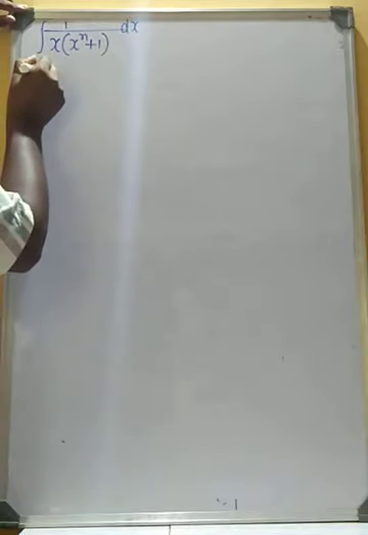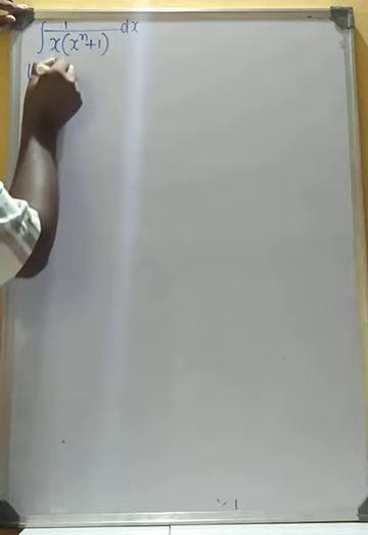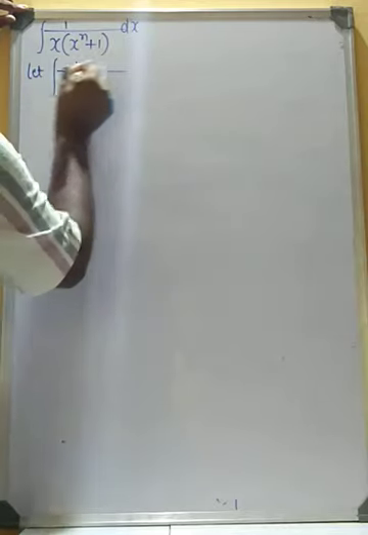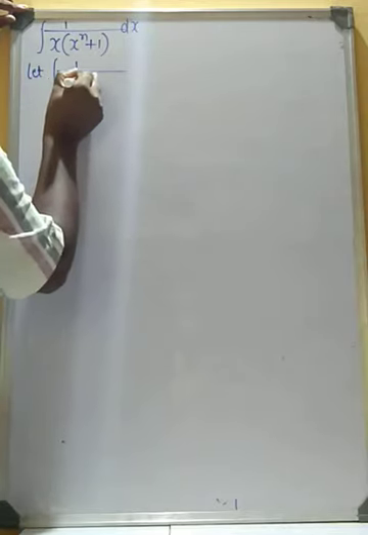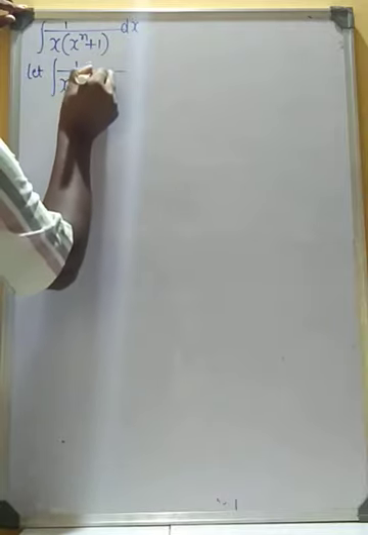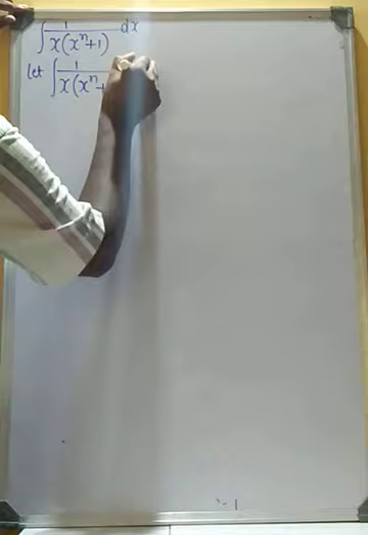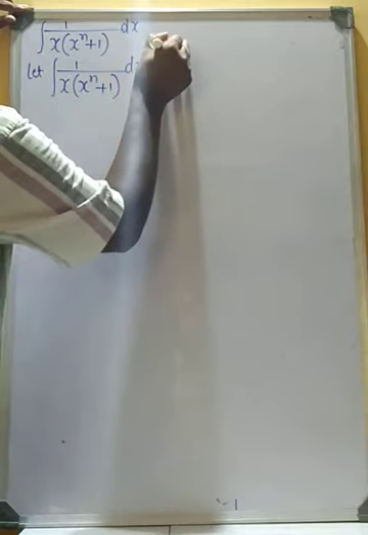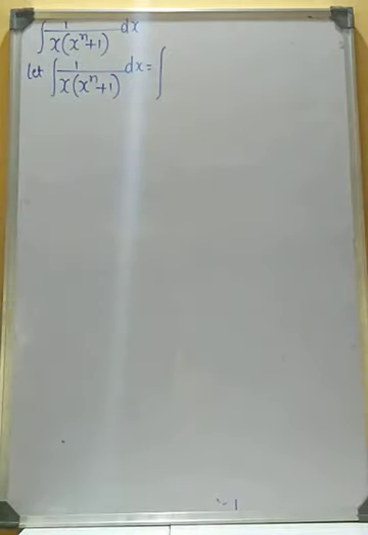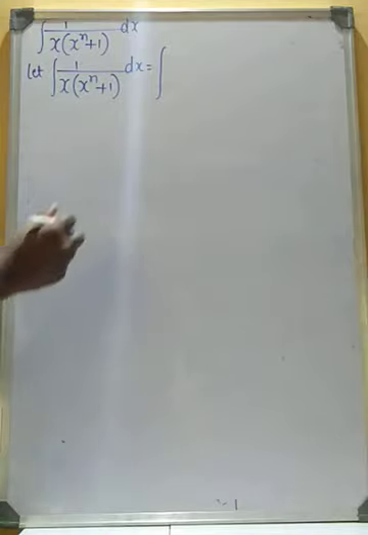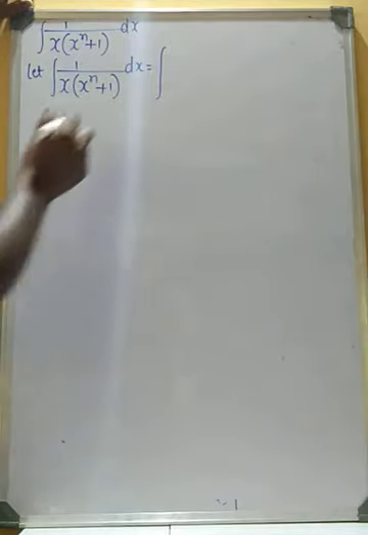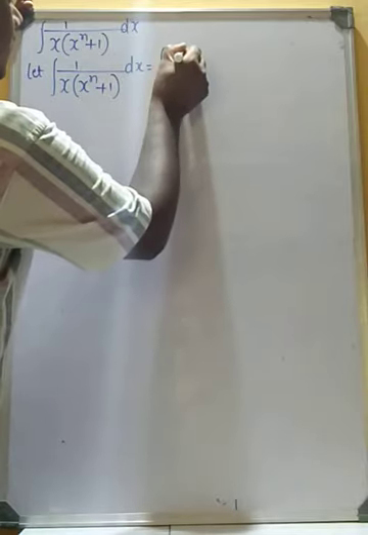So let the integral of 1 dividing by x into x to the power of n plus 1 into dx equal the integral of, here also multiplying and dividing by x to the power of n.